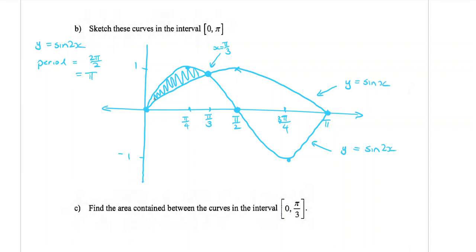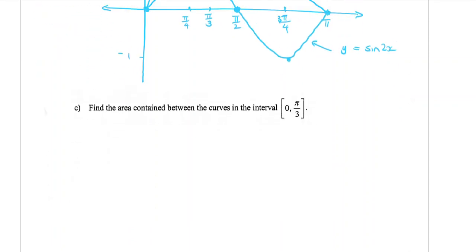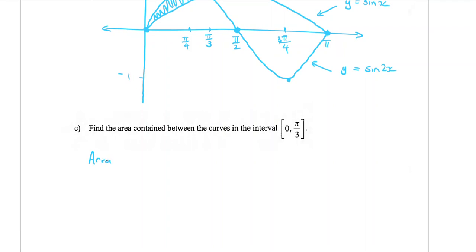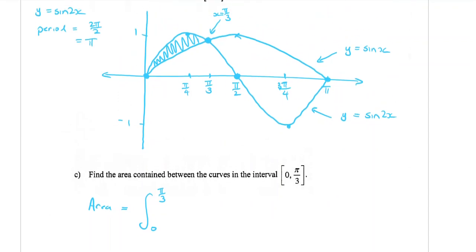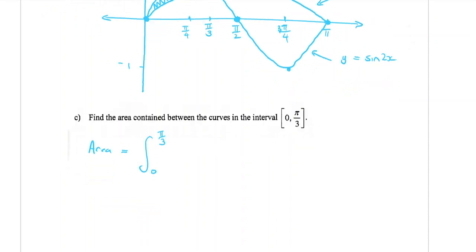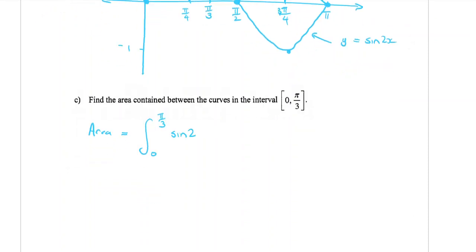When you are finding the area between curves, you want to integrate the top one minus the lower one. So area equals, integrating from 0 to pi on 3, the curve that is on top, sine 2x, minus the one that's on the bottom, sine of x, and don't forget the dx.